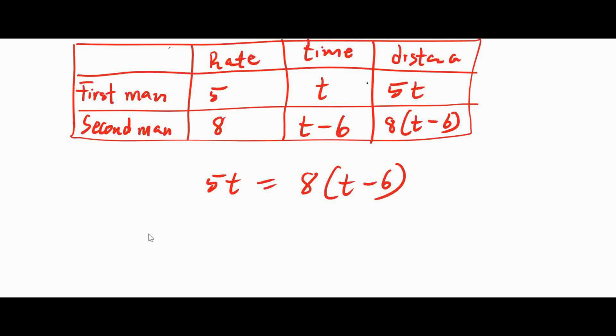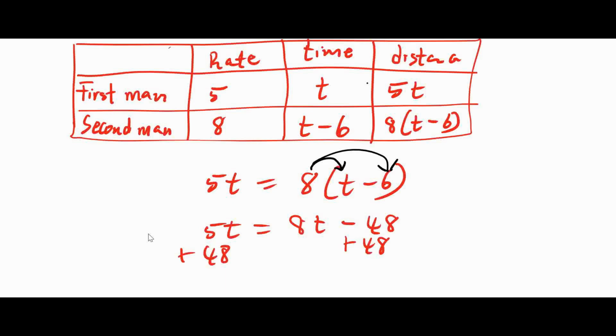So we can set it like this and distribute this using the distributive properties. So 5T is equals to 8T minus 48. So we can add 48 to both sides. Add 48, and negative 48 plus 48 is 0.